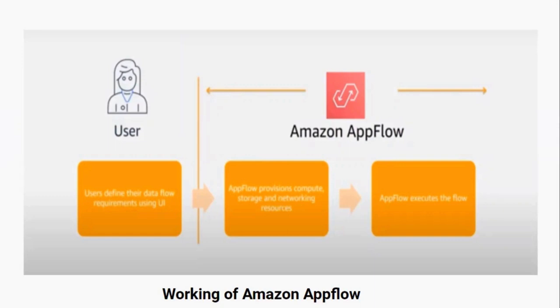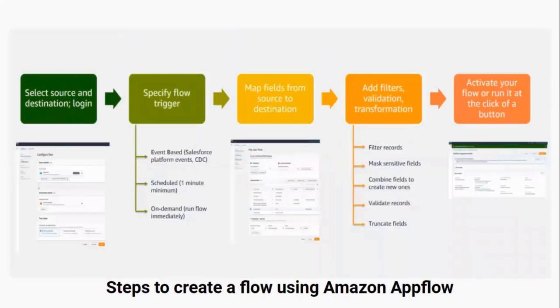Once we set up our flow requirements, we will specify how the flow will run, which data should move from which source to which destination. The AWS service will take care of the necessary storage and resources needed to execute the flow, and it will execute and orchestrate the data flow as per the requirements that we have specified in this flow.